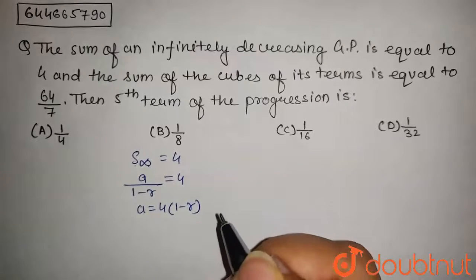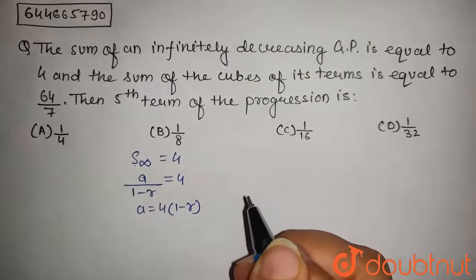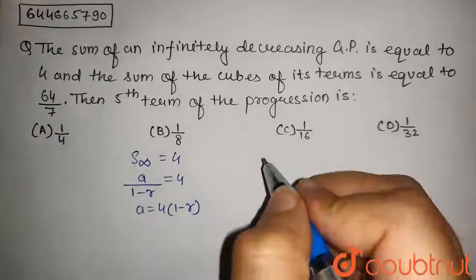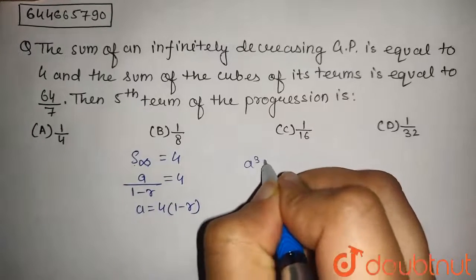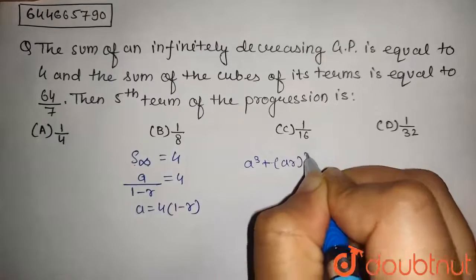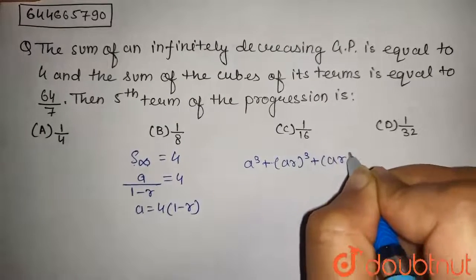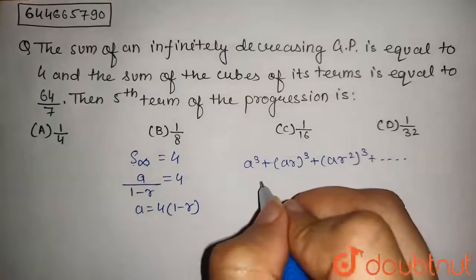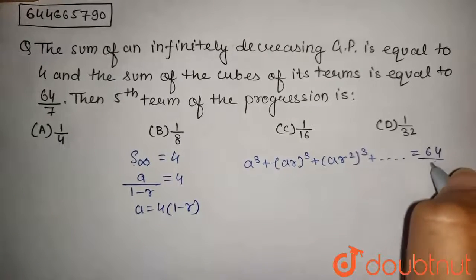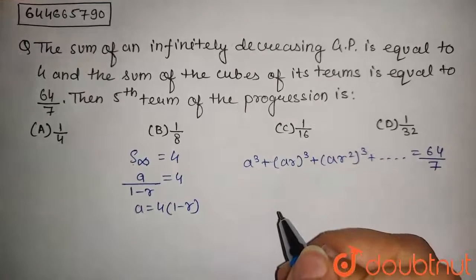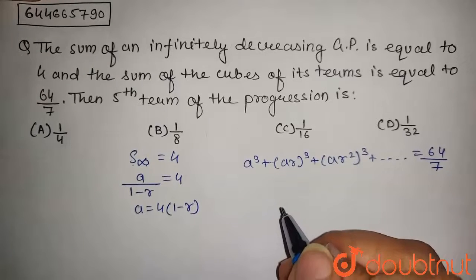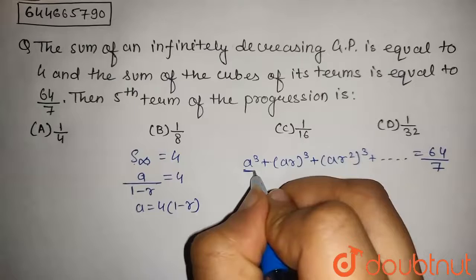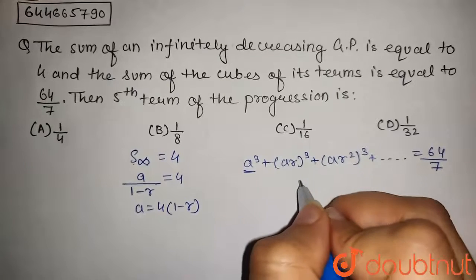Now also we have been given that the sum of the cubes of its terms is equal to 64 by 7. So we have a cube plus (ar) cube plus (ar square) cube and so on till infinity. This is equal to 64 by 7. Now for this GP, the first term will be a cube and the common ratio will be r cube.